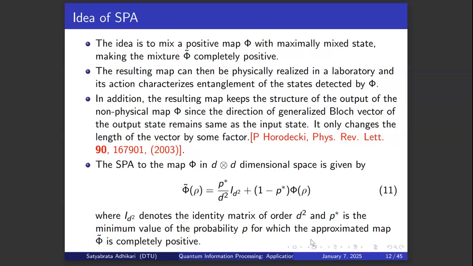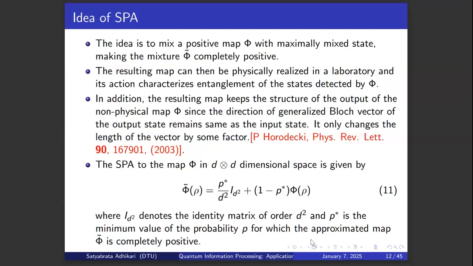Okay, so now we have to make this mixture in such a way that we will get some critical value of P star such that this phi tilde rho will become a completely positive map.